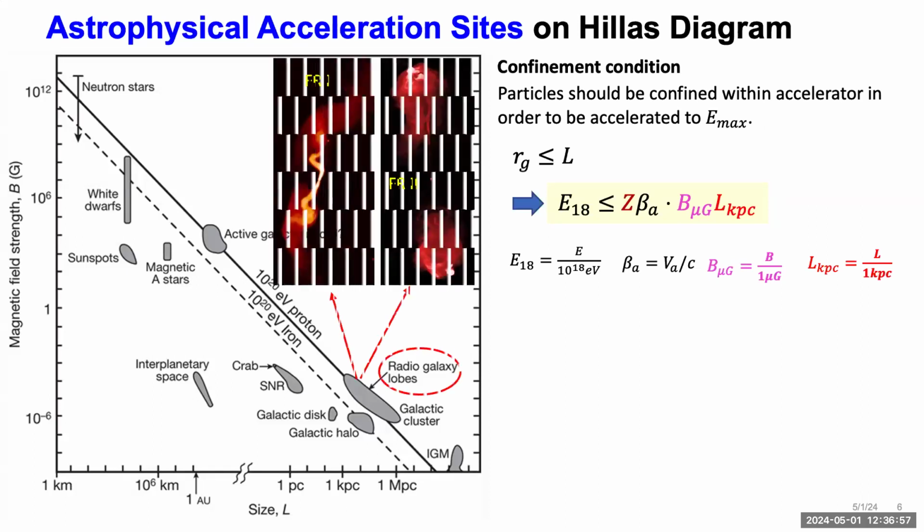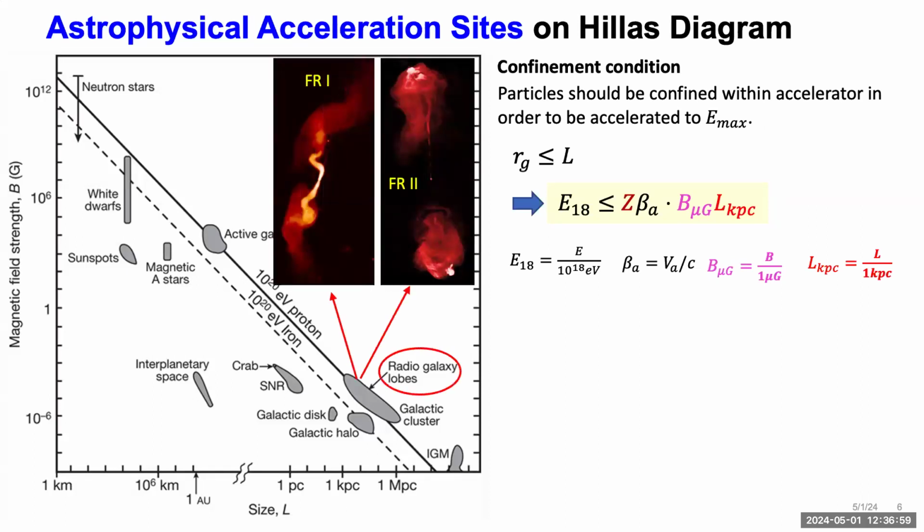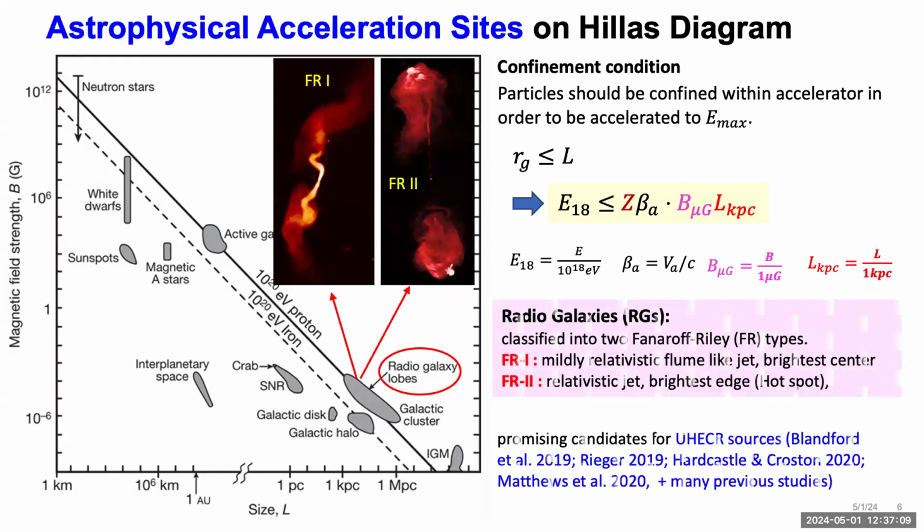And here, the radio galaxy jet can confine 10 to the 20 electron volt protons. So we thought that the radio galaxy jet is one of the most promising candidates for generating ultra high energy cosmic rays. But note that this is related to just confinement, not to the acceleration or generation of these particles.